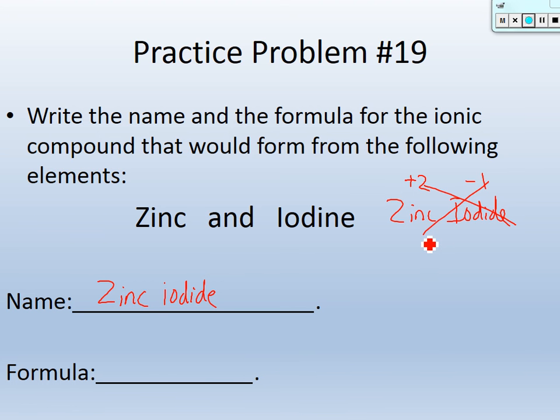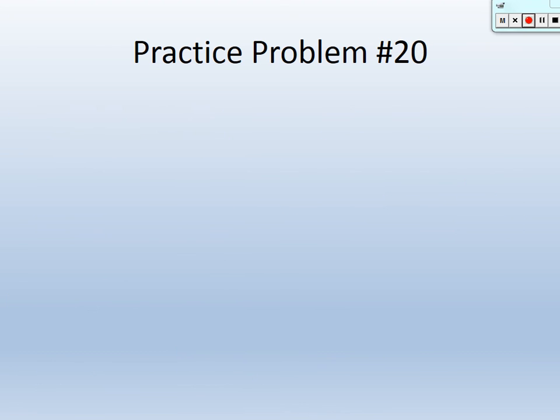Now when you write the formula, zinc is Zn. What number goes by the Zn? Just a 1. Do I need to write it? Nope. Iodine is I, capital I. What number goes by the I? A 2. Can I reduce a 1 and a 2? Nope. So there's your answer. The name is zinc iodide and the formula is ZnI2.